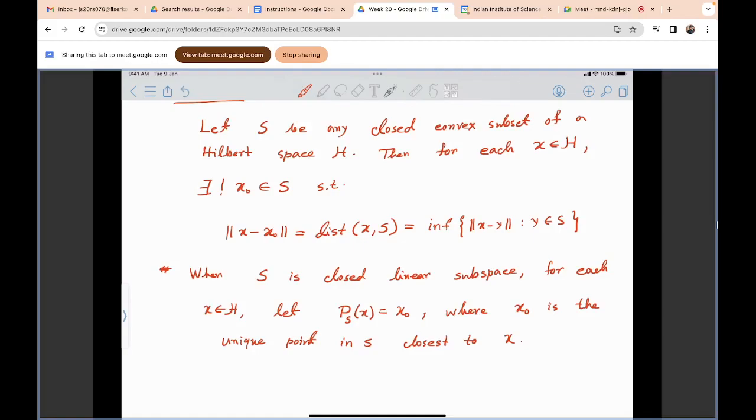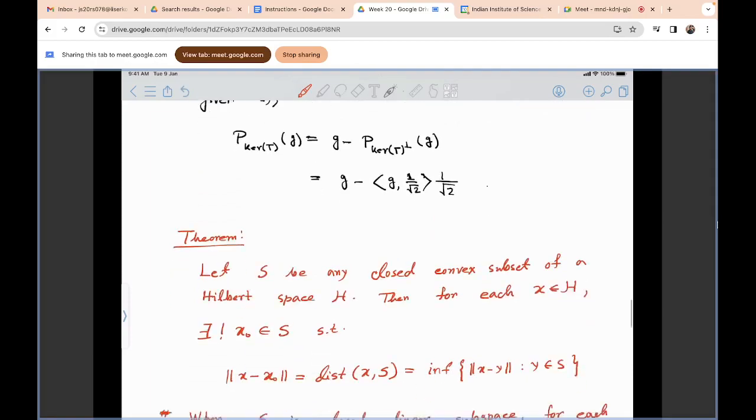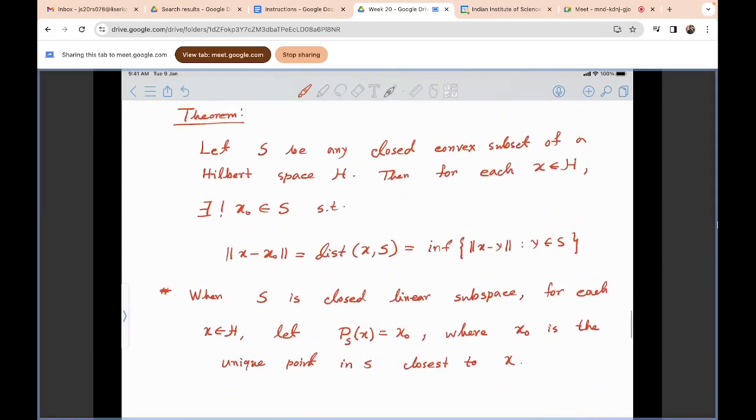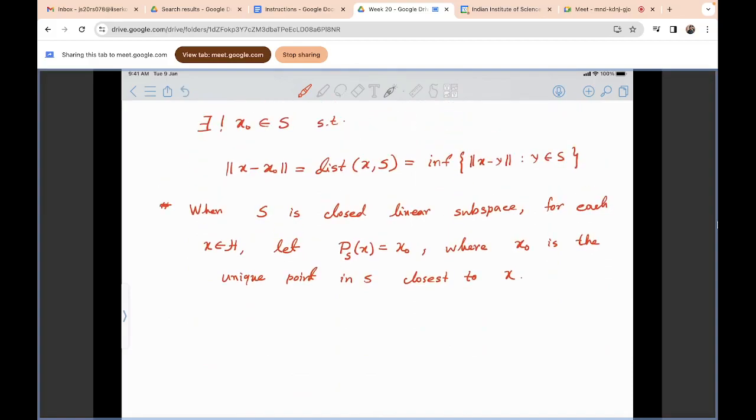So for any x, the point where the distance is attained, that we call the projection. The distance between a point and the subspace is the distance between that point and the projection of that point onto that subspace.